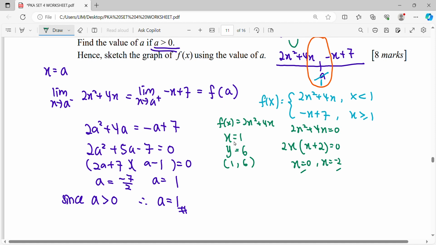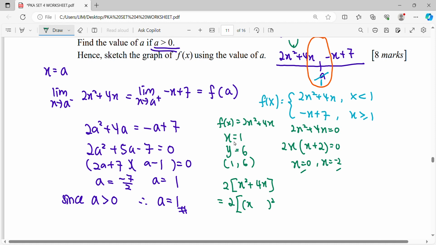Alright, what's your minimum point? Completing the square. So 2 we factorize out first. This is a quadratic, 2 we take out. Then completing the square, put your x squared in the bracket.